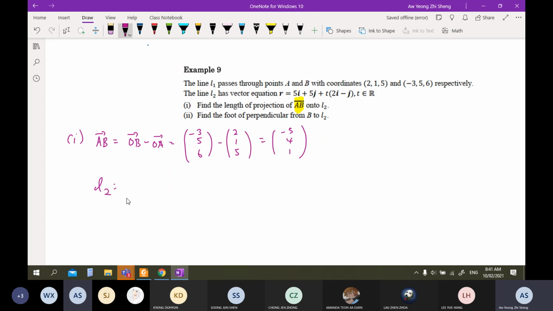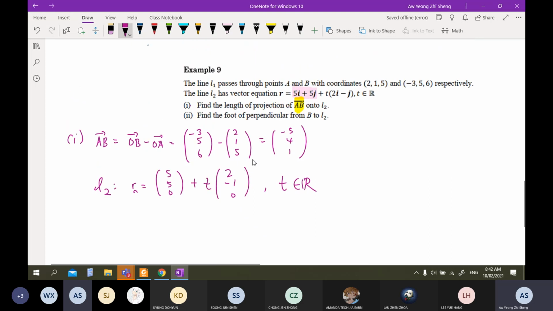For the vector equation of line L2, let's convert it to a more familiar form. The parameter is t, so this pink colored part will be the fixed point on the line L2, t is a parameter times the direction vector (2, minus 1, 0), and t is in R.